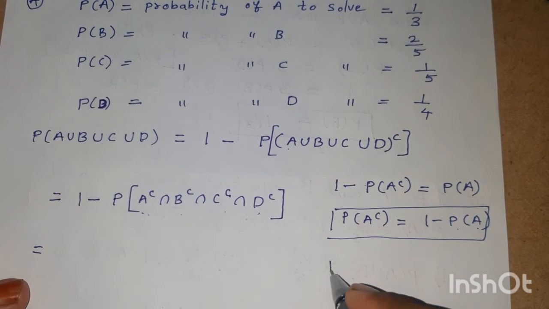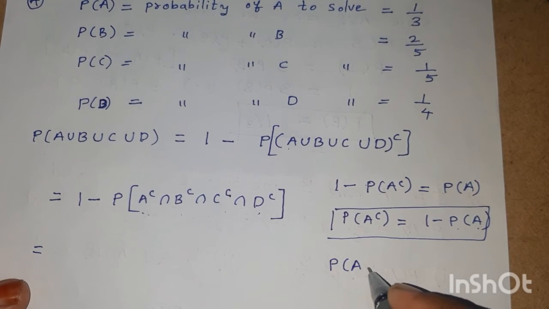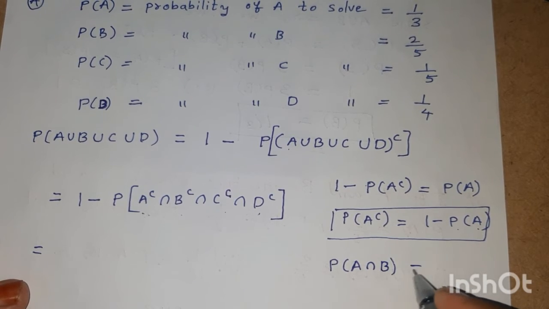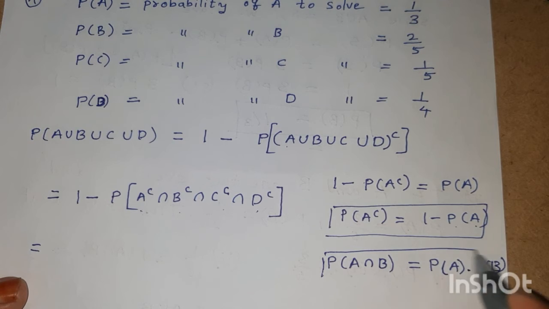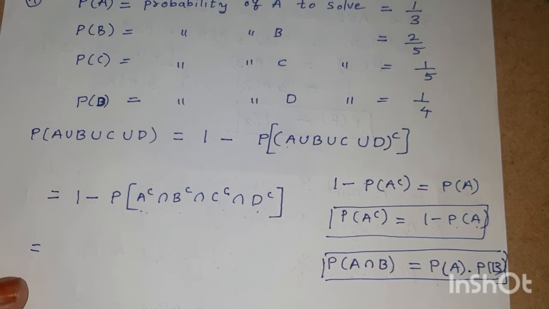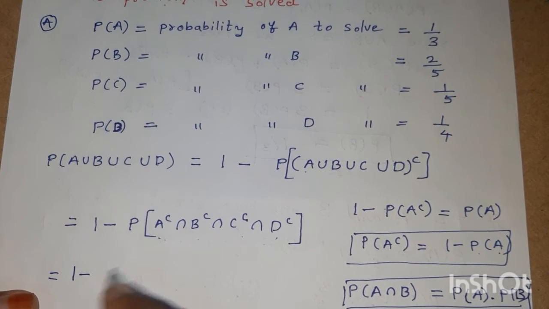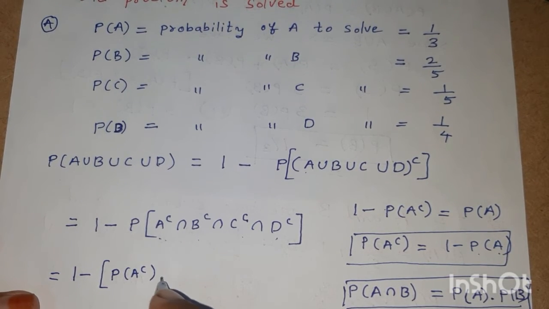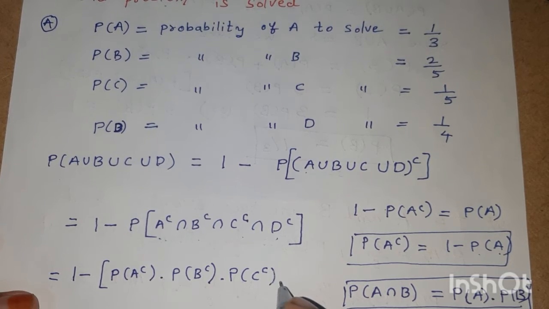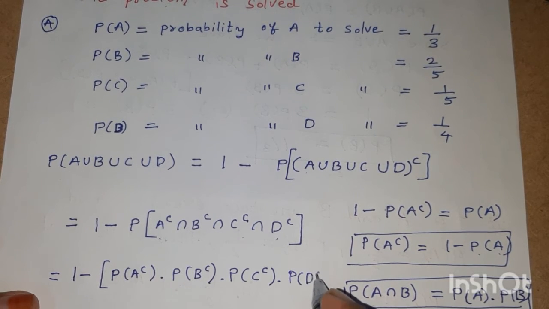You know this formula: P of A intersection B. Whenever A and B are independent events, we get P of A into P of B. By using this formula, we can write P of A complement times P of B complement times P of C complement times P of D complement.